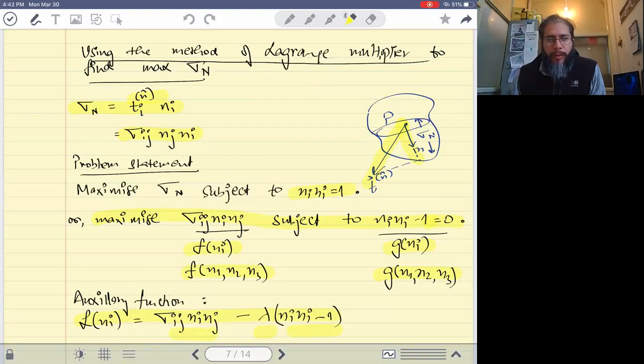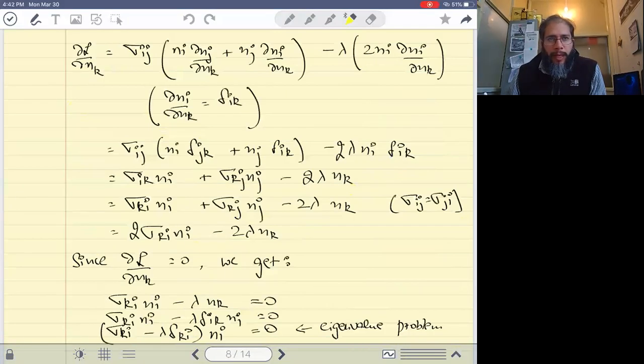So the first thing you have to do is form an auxiliary function. Next, you have to take del L by del n1 equal to 0. To write those three partial derivatives in a general form, we can write del L by del n_k, where k can be 1, 2, or 3.